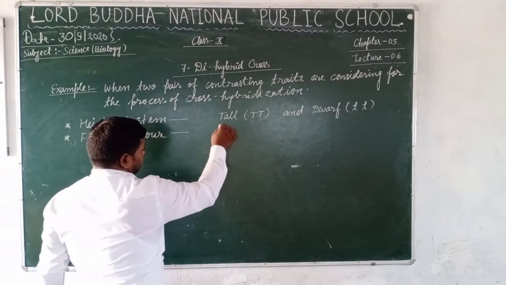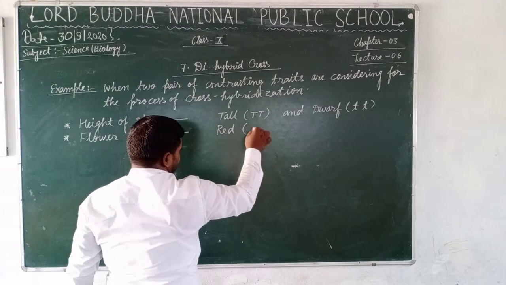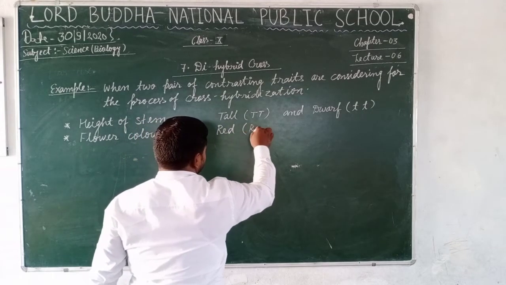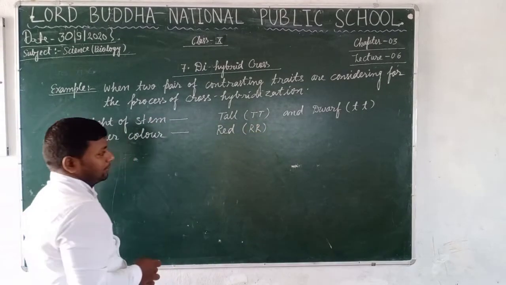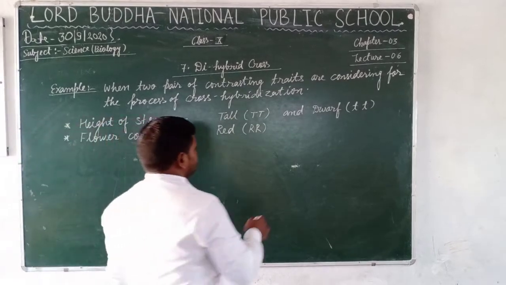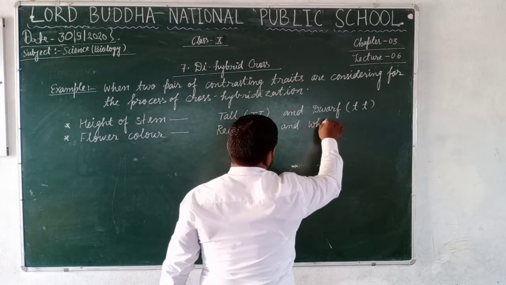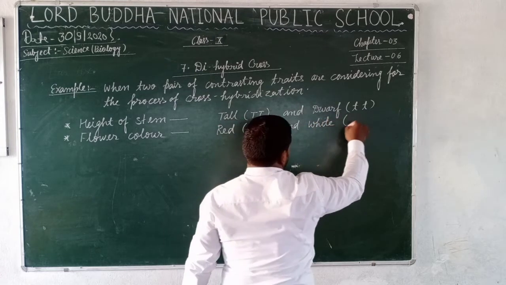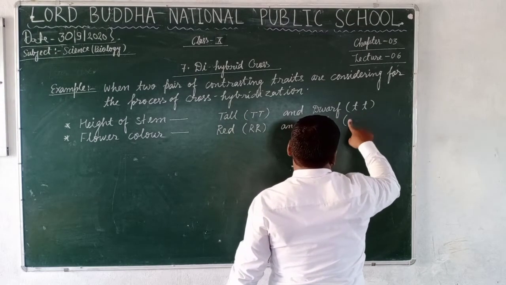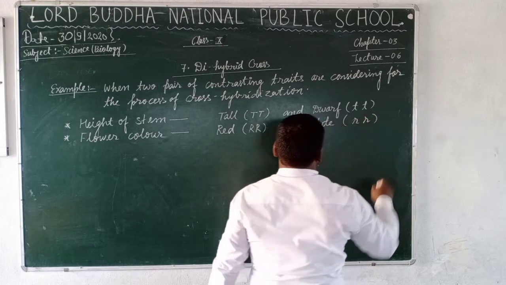Here I take red as the dominant trait, represented by capital R as the allele, and for white flower the allele is small r.